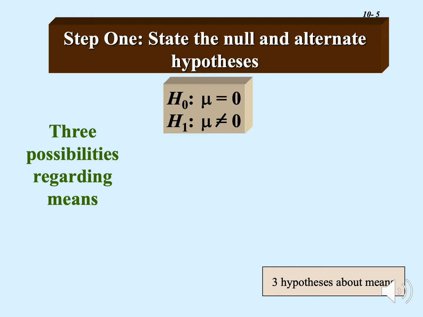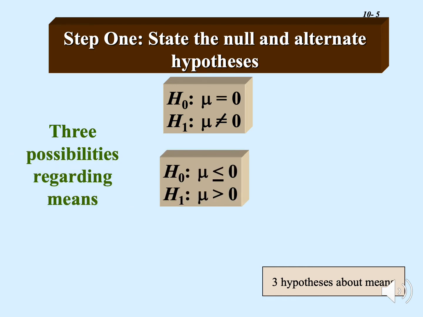That's the first one. The second one is when you say less than or equal to 0. In the case of equal to 0, we say that this is non-directional. There is no direction because it's equal to 0.